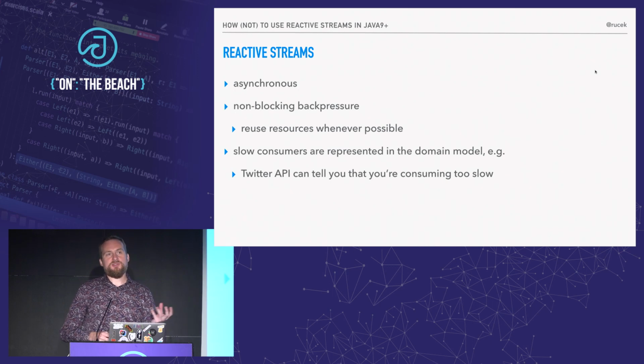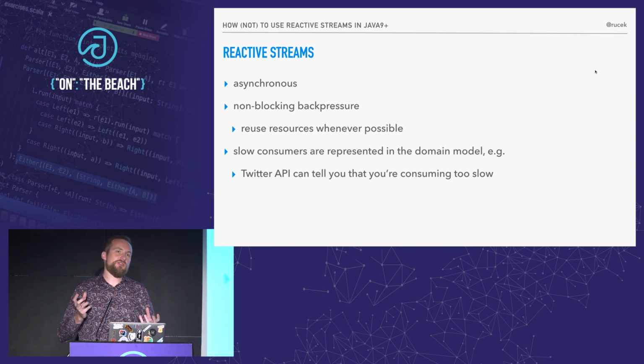When you use this API, Twitter allocates a kind of buffer on their side, and they are just sending you data. But apart from sending the data, they are also monitoring how fast you are consuming it. And if you're too slow, instead of sending you data, they send you some kind of signal that, hey, you're processing too slow, you need to speed up, because otherwise you're going to be disconnected.